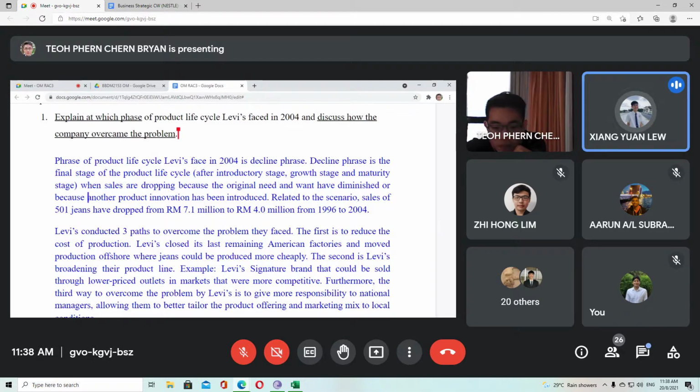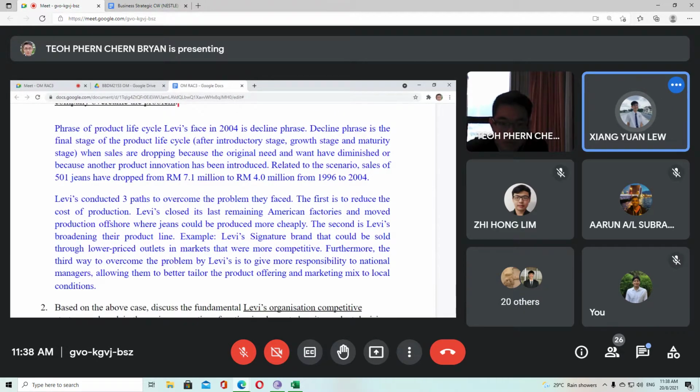Decline phase is when sales are dropping because the original need and want have diminished or because another product innovation has been introduced. So related to the scenario, sales of 501 jeans dropped from 7.1 million to 4 million from 1996 to 2004. So it is a decline phase.